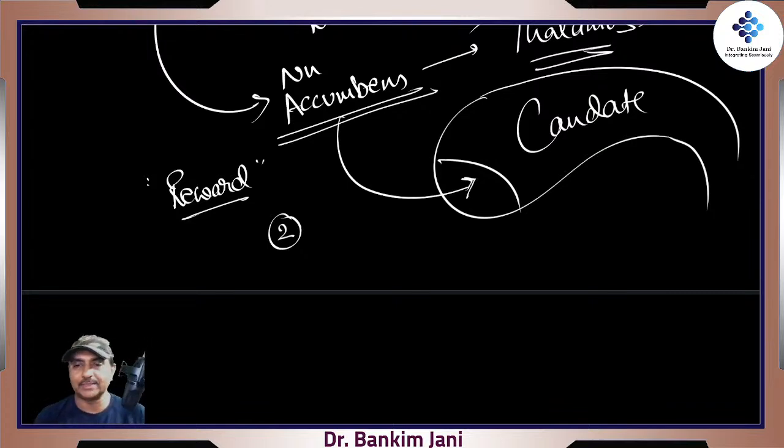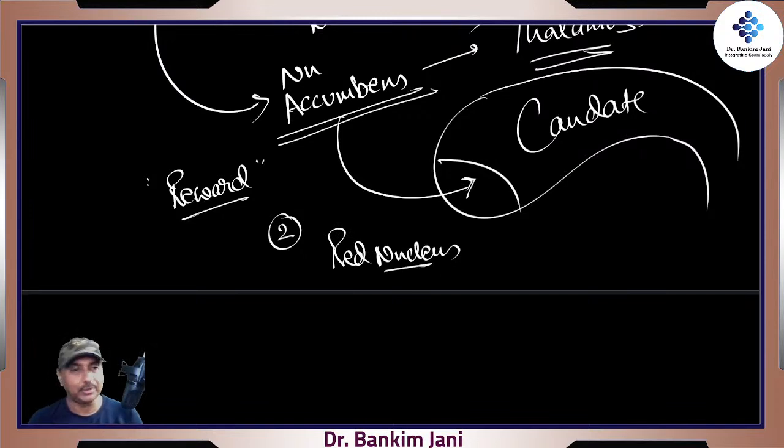Not only that, you'll also find that when we learn about the learning pathways, this is a learning loop which is related to basal ganglia, right? It will involve the red nucleus. We have not yet talked about the red nucleus, but today I'll show you the red nucleus also. That is also a component of motor coordination.